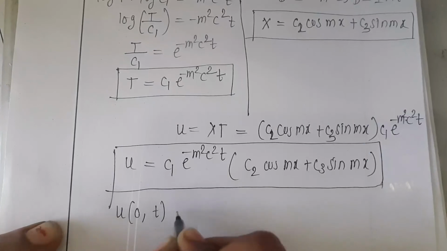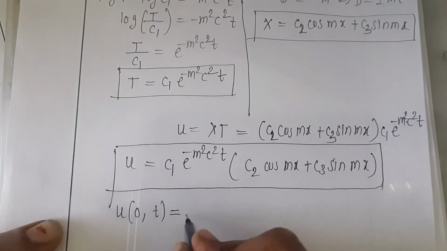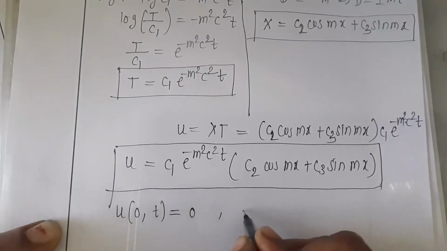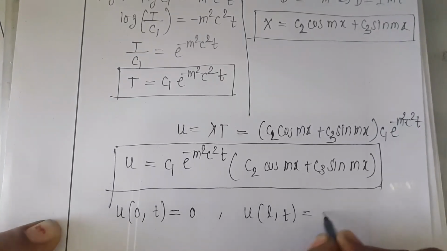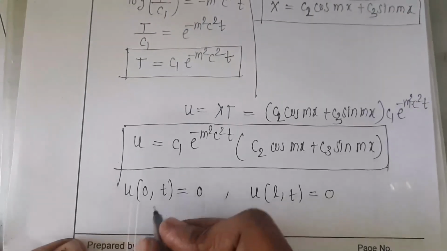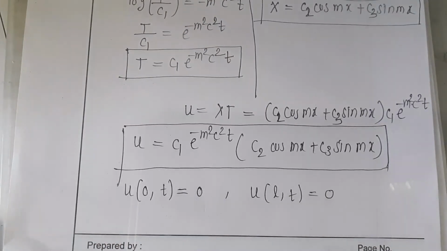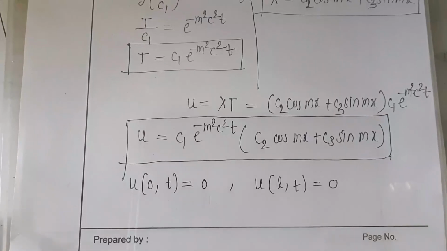The second condition is, if the rod is of length L, then u of (L, t) is equal to 0. Sometimes the rod is insulated from one side, so at that time we will not get that condition, but the second condition is mentioned in the problem.